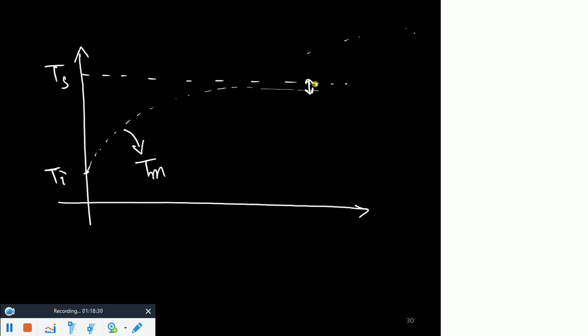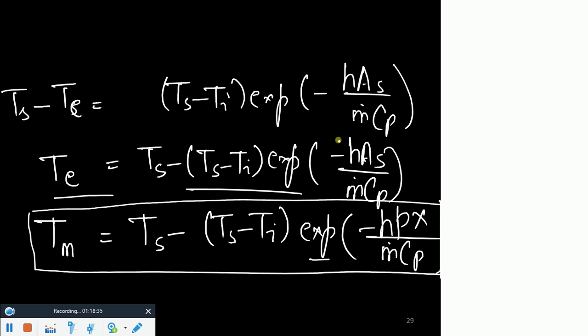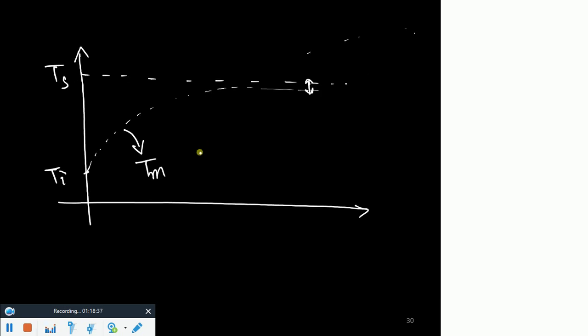Okay. And there is a very interesting thing, that generally this parameter HAs over m dot Cp is represented as NTU.